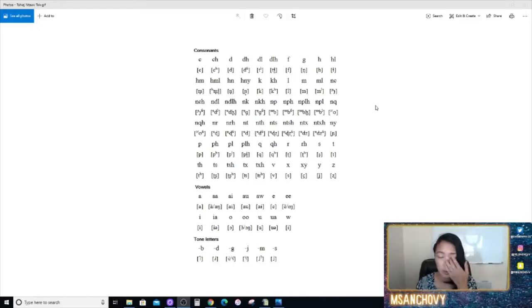For example, the word us has no consonant, and the word for to do is just a vowel, with no consonant or tone. You can have words like that, but most of the time words will have a consonant, a vowel, and a tone. So it can consist of vowels only, or consonant, vowel, tone.